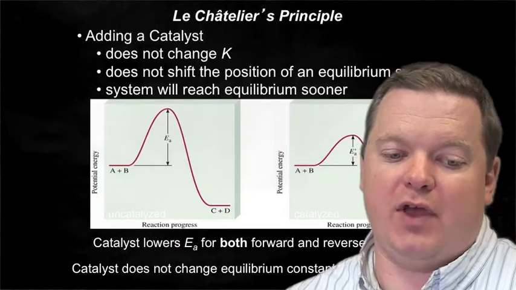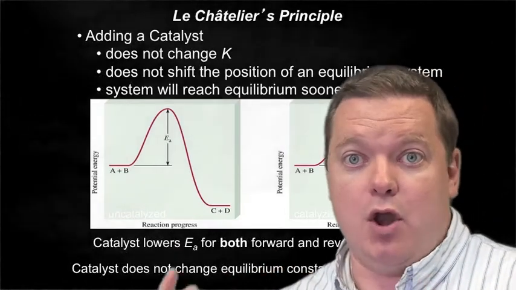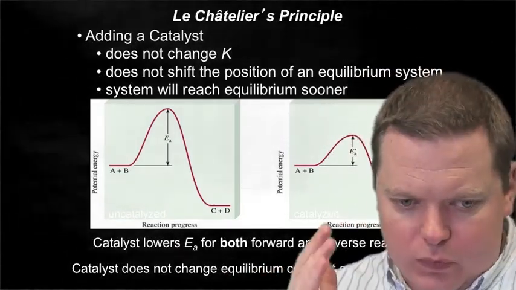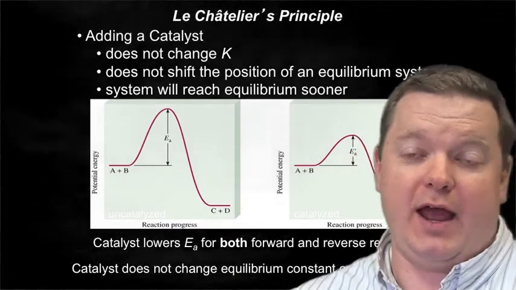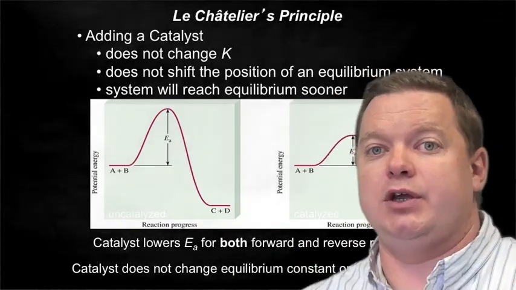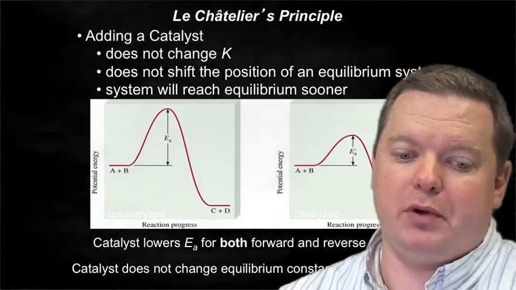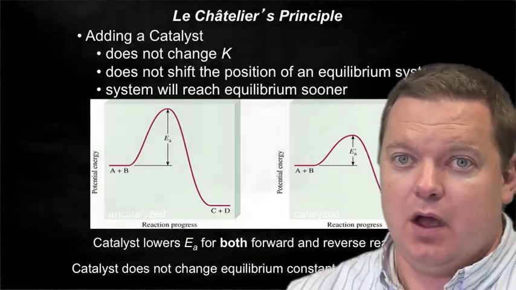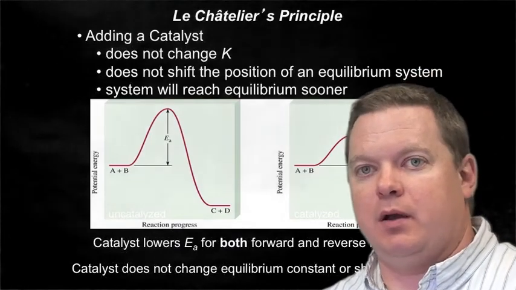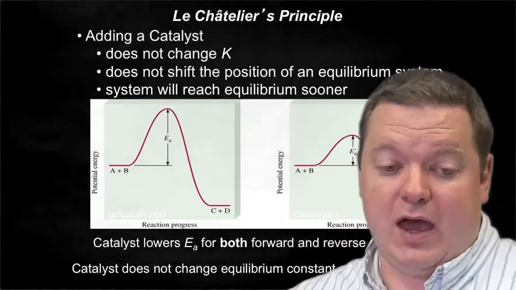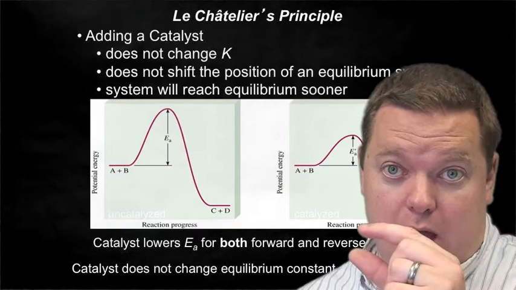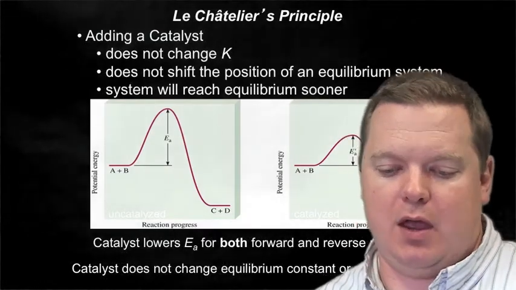K is going to remain the same, and we're going to get no shift in equilibrium. But remember, it's lowering the activation energy, which makes the reaction go faster, so we will arrive at equilibrium much quicker in the presence of a catalyst than if it wasn't there. So this catalyst, while it's going to affect the little k, doesn't affect our capital K, our equilibrium constant.